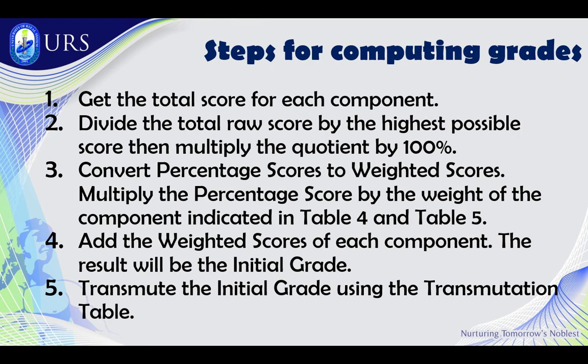Yung pinakita po natin kanina sa table number 1, i-divide po natin sa highest possible score and multiply by 100%. So, step 3 is to convert percentage scores to weighted scores. Multiply the percentage score by the weight of the component indicated in table number 4 and 5. Add the weighted scores of each component. The result will be the initial grade. And lastly, transmute the initial grade using the transmutation table.